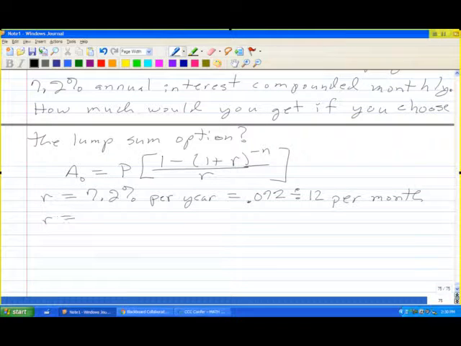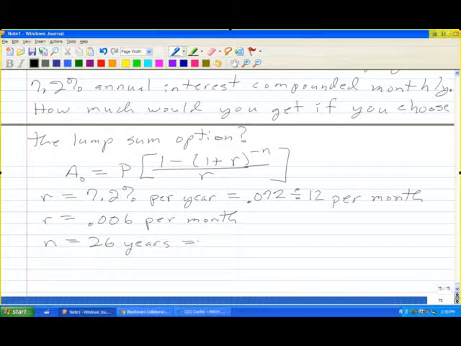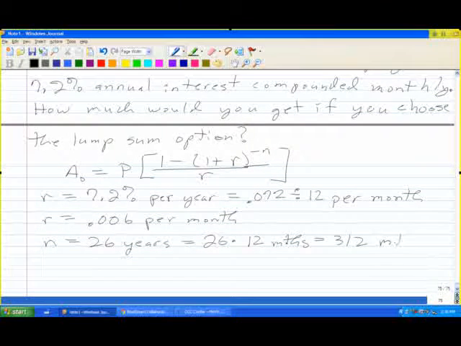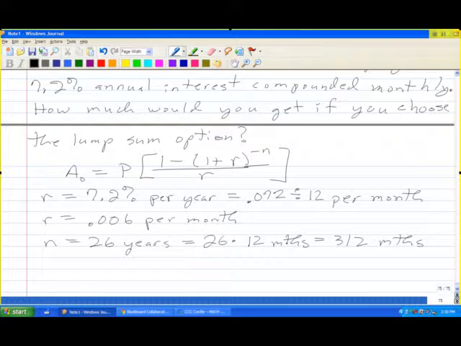And so the interest is going to be 0.006 per month. And N is 26 years, which is, well, there are 12 months per year. And so 312 months. Okay.